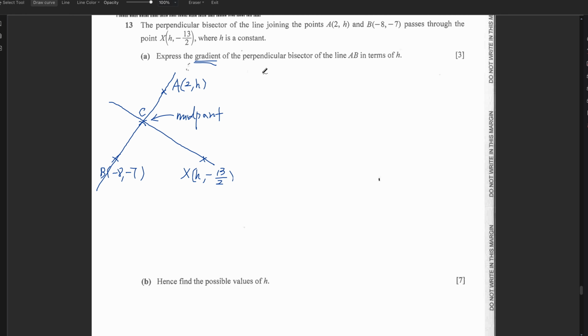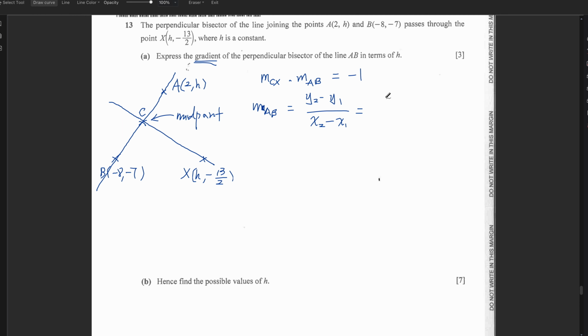The gradient of the perpendicular bisector, m_CX, multiplied by m_AB equals -1. m_AB we can simply deduce from the formula (y2 minus y1) divided by (x2 minus x1).